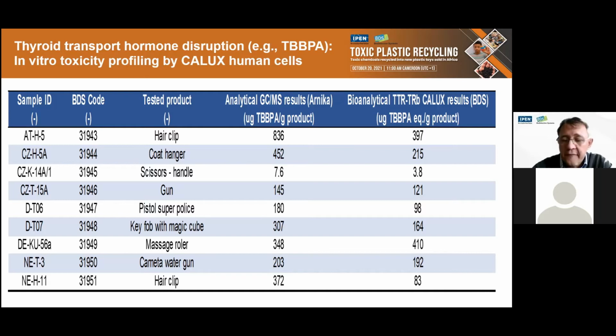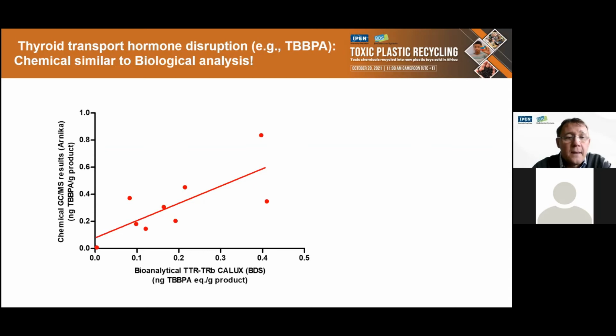And it is certainly very important to evaluate this toxic endpoint first. And you see here in this graphic that there is a very similar result between the chemically analyzed tetrabromobisphenol A concentration and the bioanalytical tetrabromobisphenol A concentration in the TTR assay.